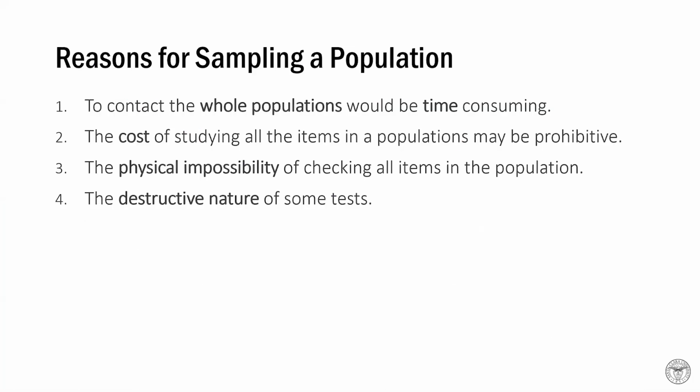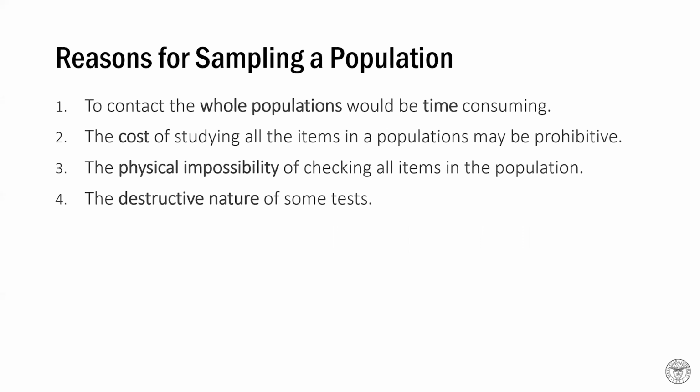There are many practical reasons why we prefer to select portions or samples of a population to observe and measure when studying characteristics of a population. For example, it is too time-consuming to contact the whole population, such as surveying the whole population of the USA.